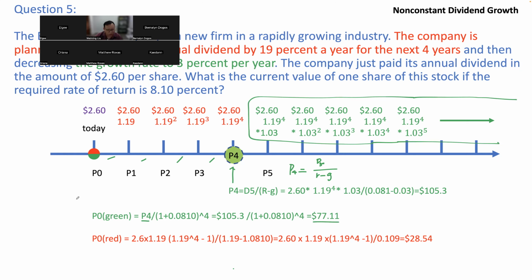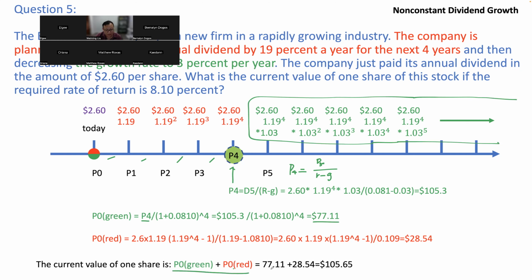Now my total value should be the sum of the two colors: 77.11 plus 28.54, so I get $105.65. That is my value of the stock.